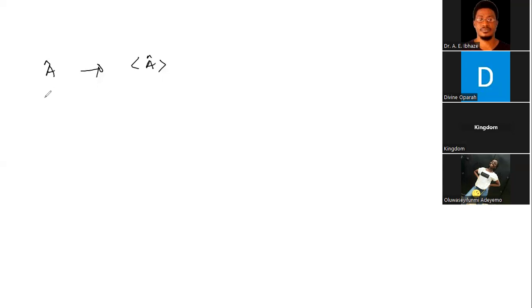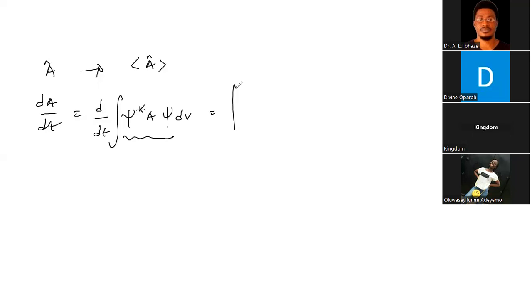And we already know that the time rate of change of this operator is the same as d/dt of the integral of psi of x, A psi dV, where this gives us the expectation value from what we already talked about. So once the derivative comes into the integral, it becomes partial, then we now have something like this.